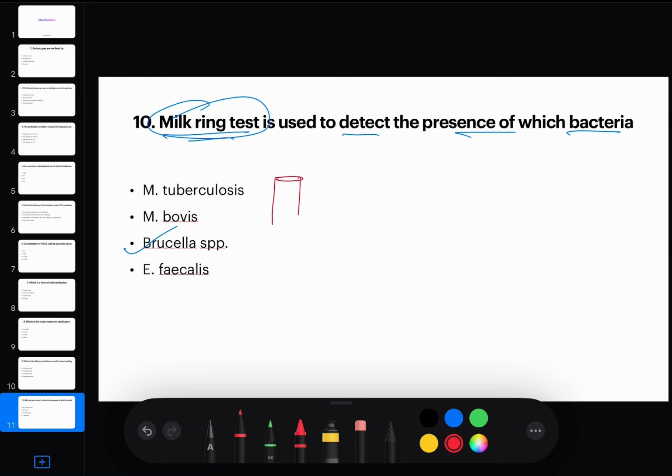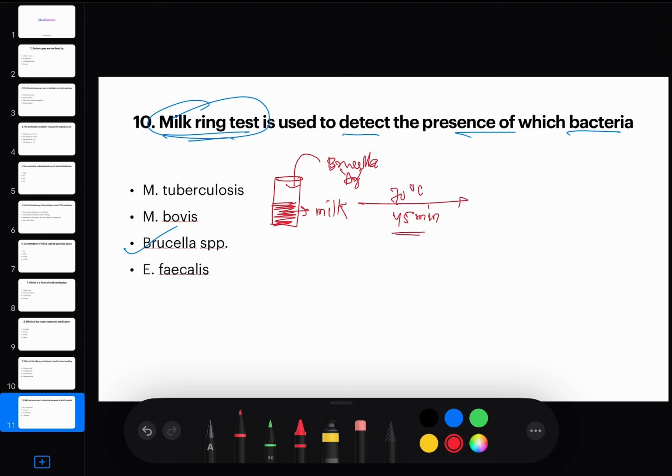Take a test tube, add some milk, and add Brucella antigen to the milk. Incubate at 70 degrees centigrade for 45 minutes.